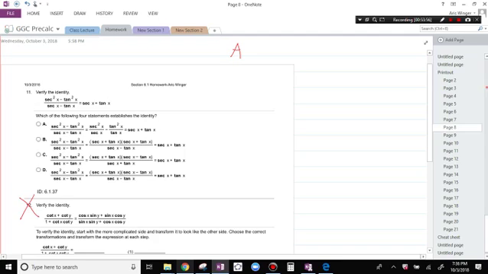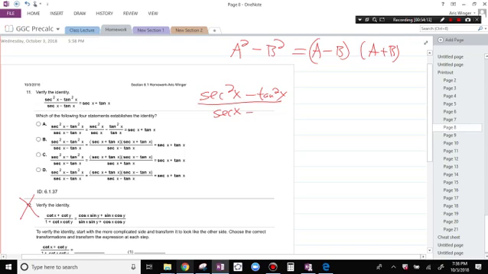Again, a squared minus b squared is a minus b times a plus b. And therefore, secant squared x minus tangent squared x over secant x minus tangent x is equal to secant x minus tangent x times secant x plus tangent x, all over secant x minus tangent x.